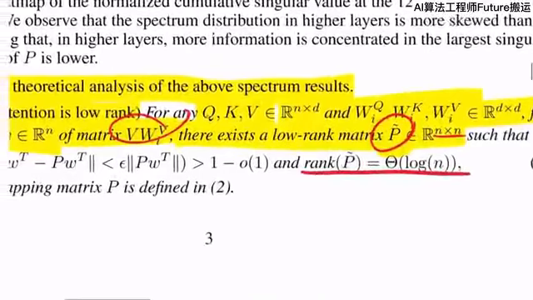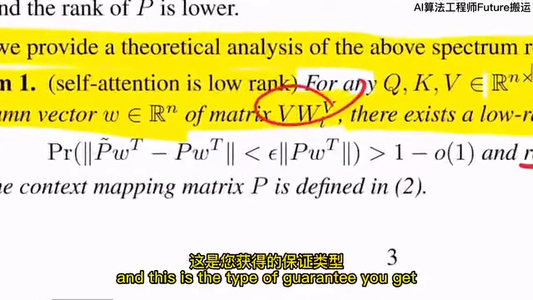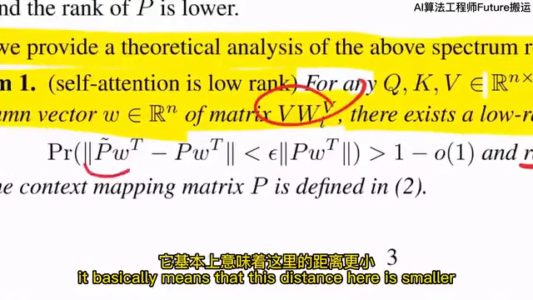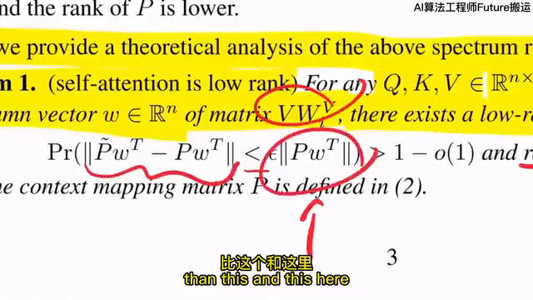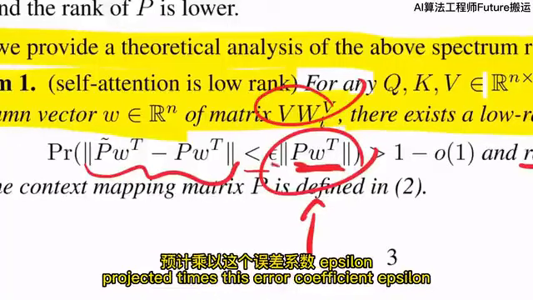Okay. So this is the type of guarantee you get. What do we see here? It basically means that this distance here is smaller than this. And this here is just the norm of one of these vectors projected times this error coefficient epsilon.